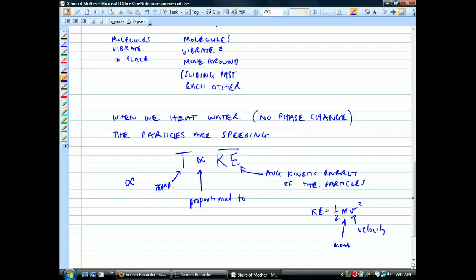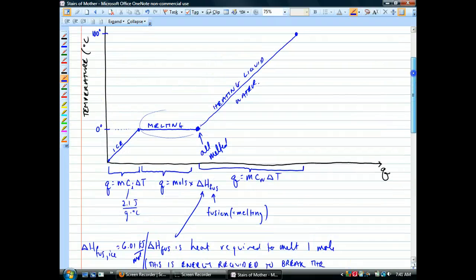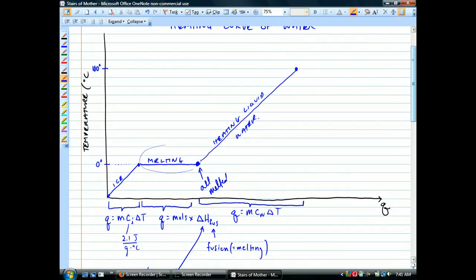We found out that the molar specific heat was pretty much the same for all of them, yet their specific heats in terms of mass were different. Here's your answer why. If a particle has a greater mass, it will have a greater kinetic energy at a given temperature. So that's what's happening in this linear portion of the graph, and I'll go back down there in a bit.